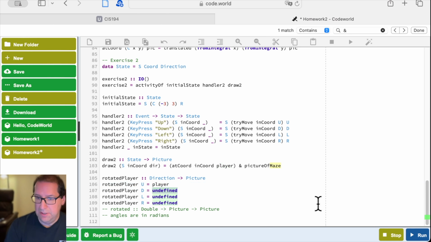Down should be rotated. Angles are in radians, so does that mean I want to rotate it 180 degrees? Does that mean pi divided by, just pi radians? I think so. And then left should be rotated pi divided by 4 player.